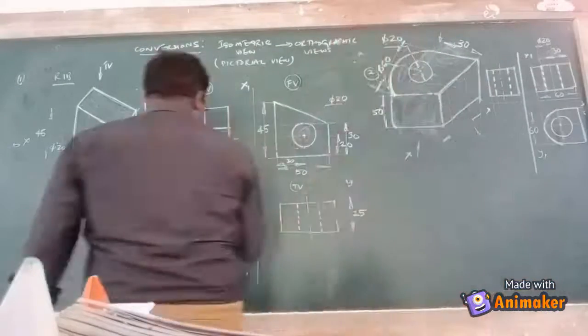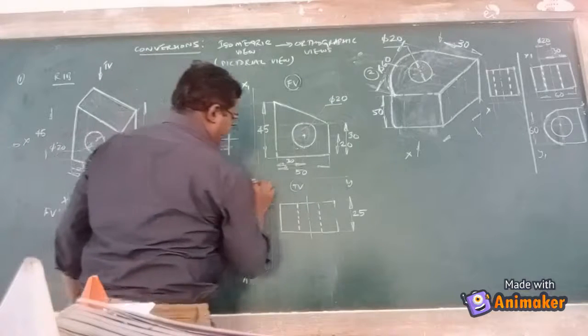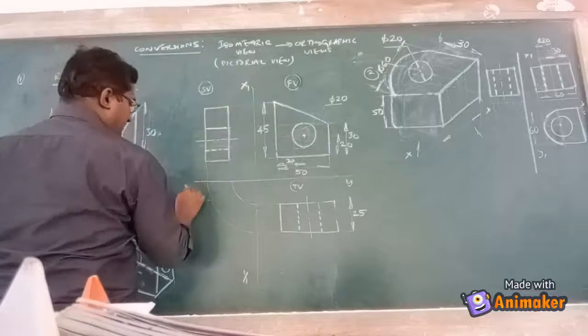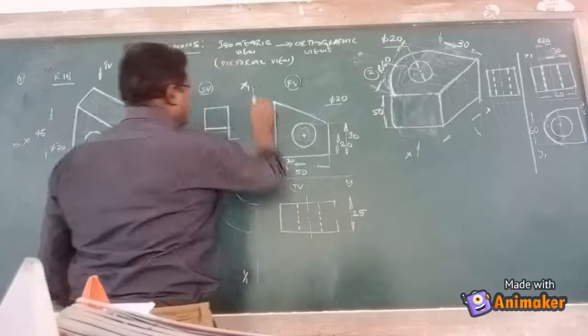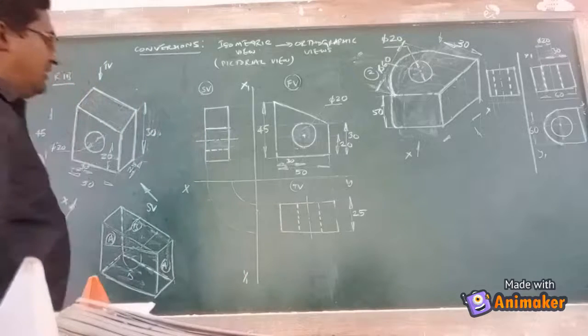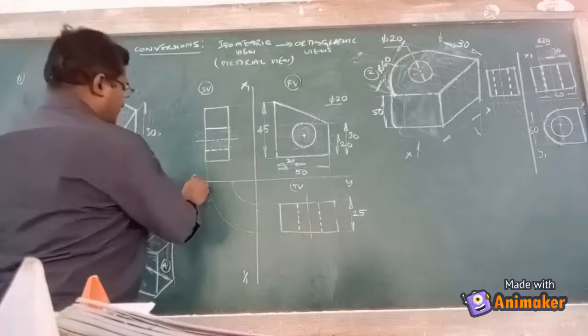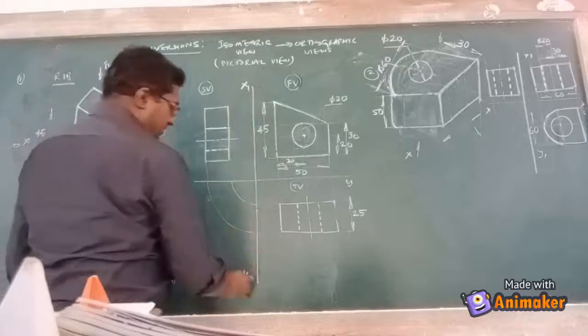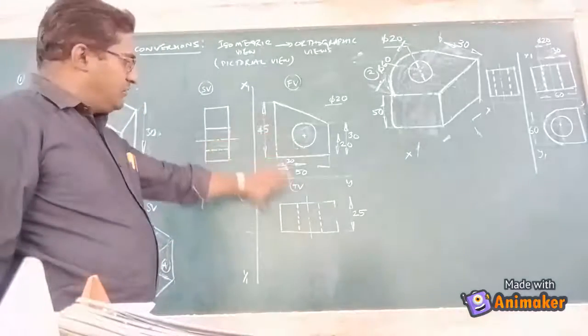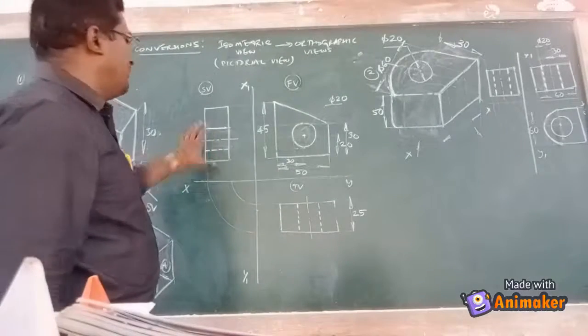Now in order to first start, we draw a reference axis, which is xy, and then we draw a perpendicular line for this reference line as named as x1, y1 in order to segregate the views as front view, top view and side view.